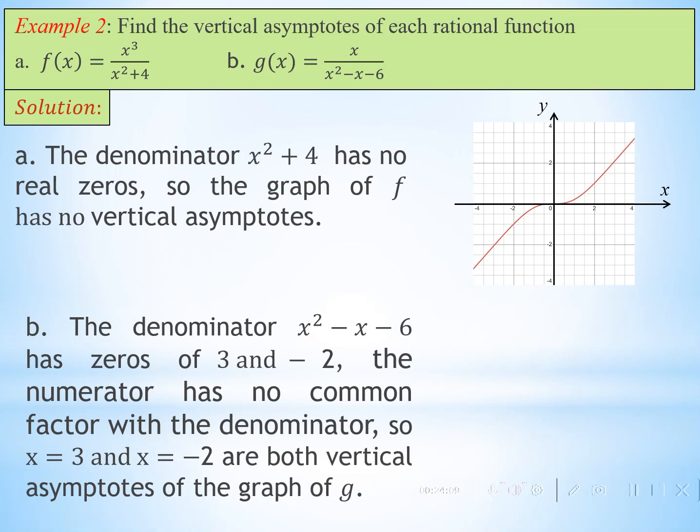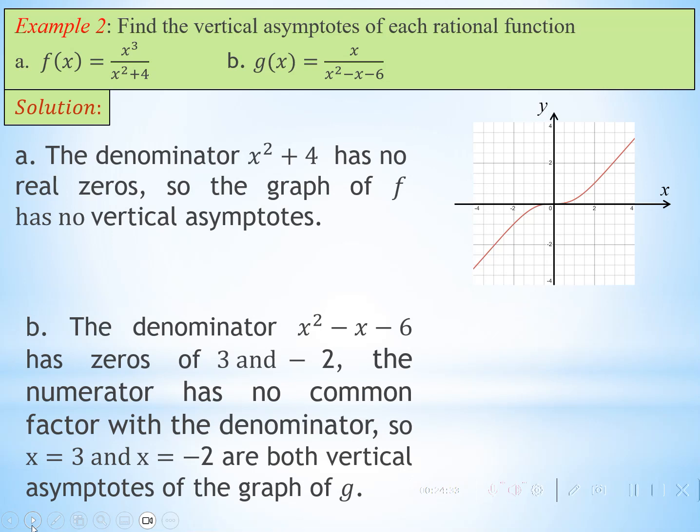Of course, it is very easy to solve the denominator by factorization or by calculator to get x equals 3 and x equals minus 2. Either of these two values makes the denominator equal 0. You can check it simply. And also, these two values are the equations of the two vertical asymptotes we have.